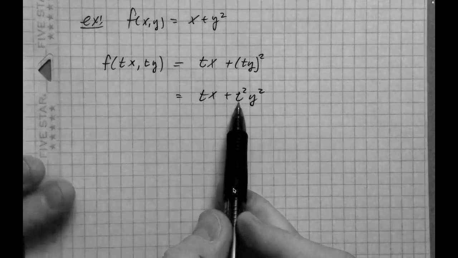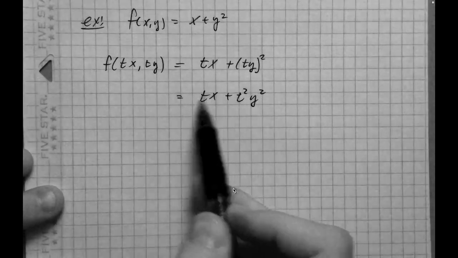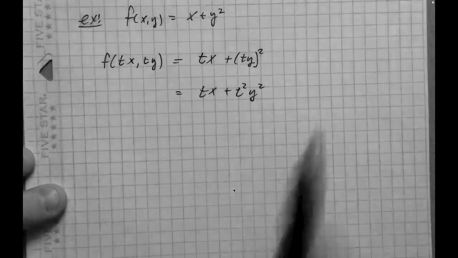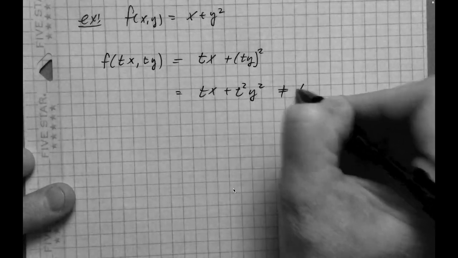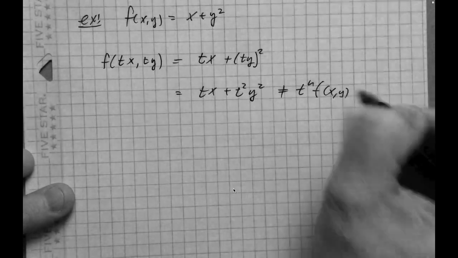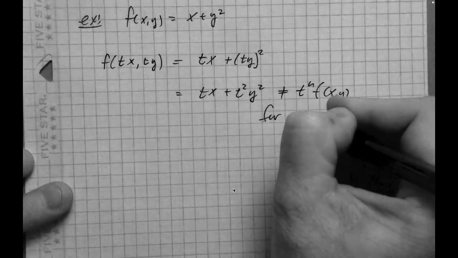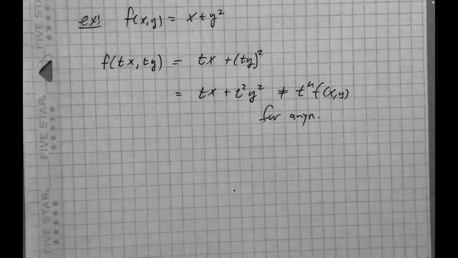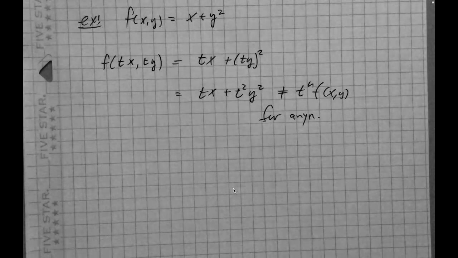Now I can't get a t out of both of these. It just doesn't work. So this is not equal to t to the n times f of x, y for any n. So that's the situation.